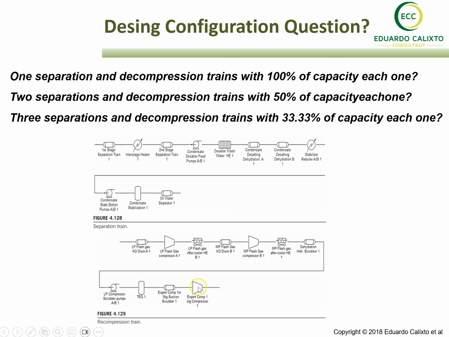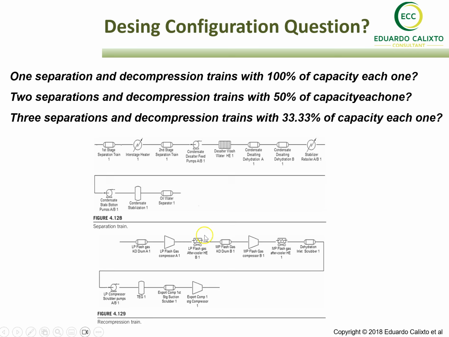I have two lines with similar equipment. If one of these equipment fails, I will lose the whole train, but only 50% of capacity. And I can also have three separation trains and three decompression trains, with 33% of capacity each.